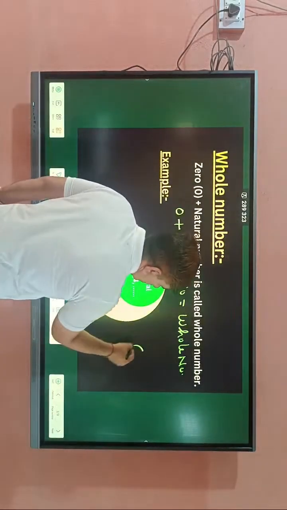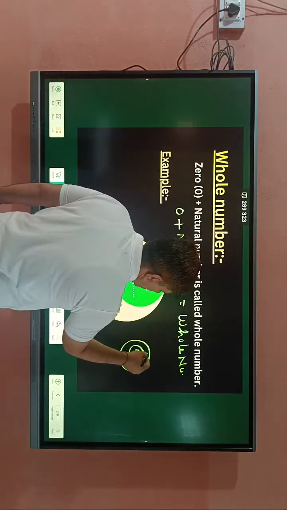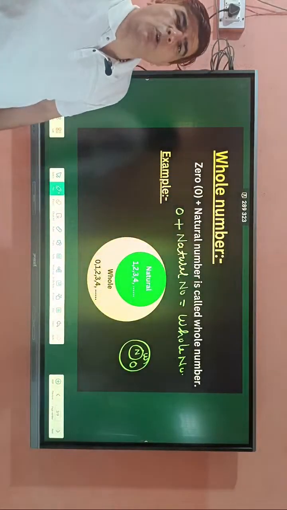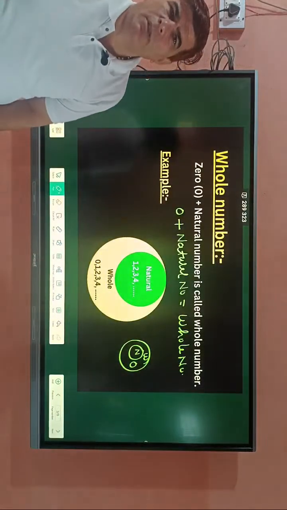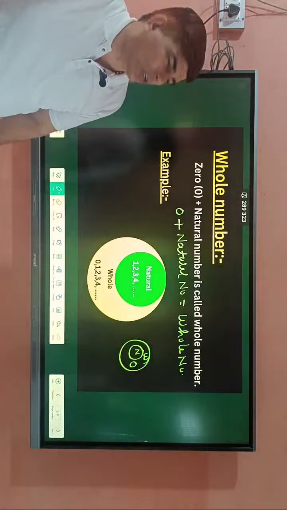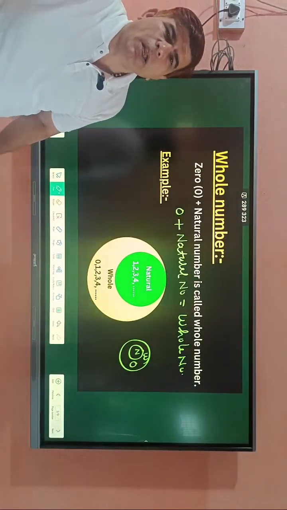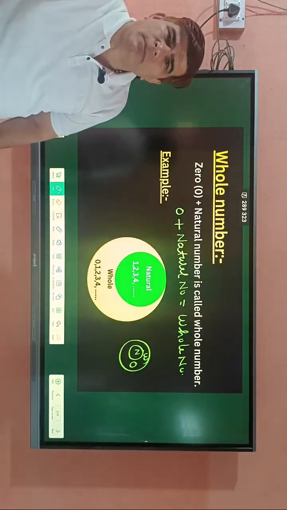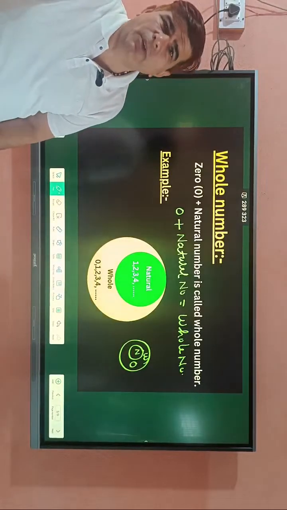If this is the natural numbers, the whole numbers contain it and one more real number, that is 0. 0 plus natural numbers. And if you directly have to tell the definition of whole numbers, you can say the real numbers which start from 0 and end with infinity, and the difference between the successor and predecessor is always 1.